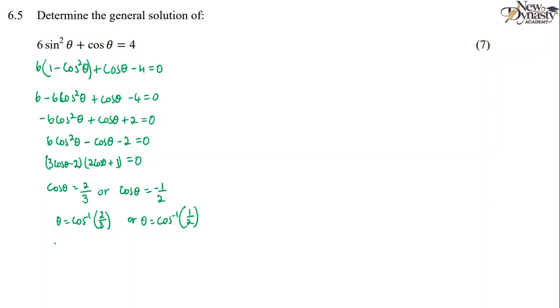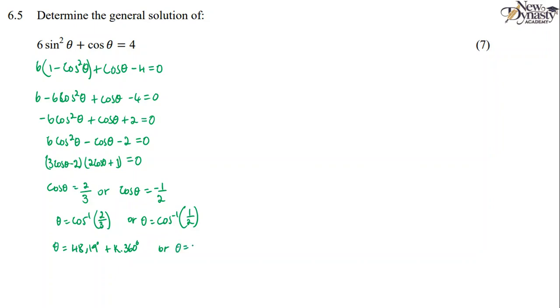Then you get your reference angles. Your theta is going to be equal to 48.19. Remember, for the general solution, you need to add k multiplied by 360, as this repeats every 360 degrees, or use a calculator there.